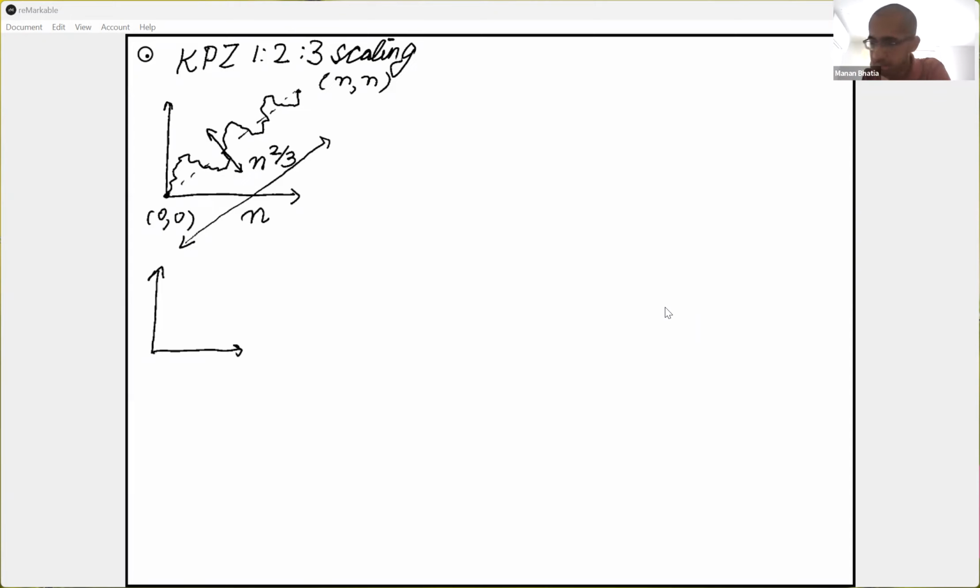Right, so I was talking about the change in coordinate system. Instead of the quadrant we usually work with, we just tilt it 45 degrees, and we think of this direction as the x direction and this direction as the time direction. So going from (0,0) to (n,n) would mean going up in the time direction.